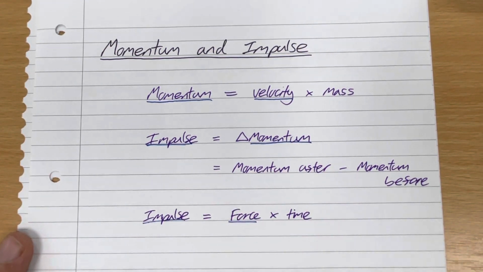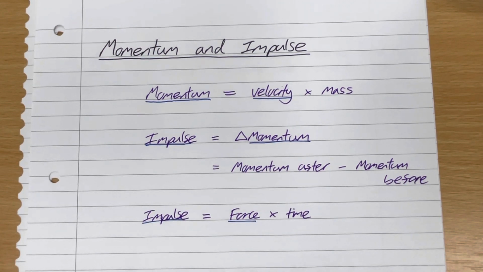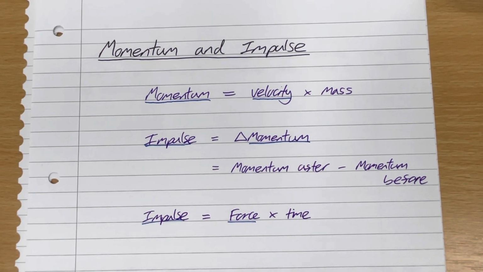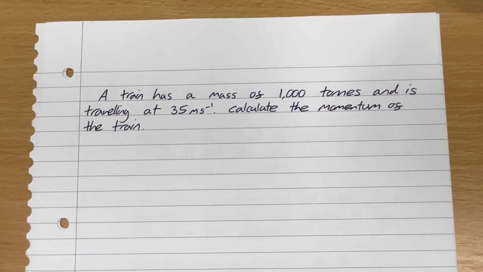So therefore, impulse is a vector. Okay, so these are vector quantities. So it does matter when you're asked, for example, what is the impulse that acted on such and such an object, you must state which direction that is acting in.